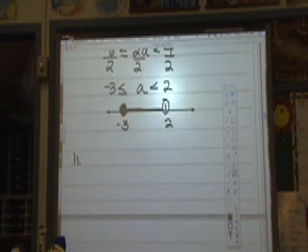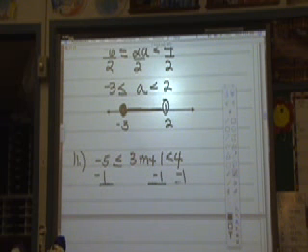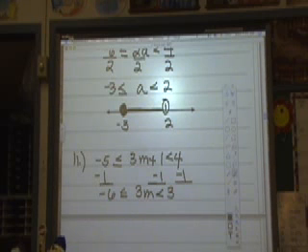Number 11. Nicholas? Subtract 1 from all sides. And so you have negative 6 is less than or equal to 3m is less than 3.